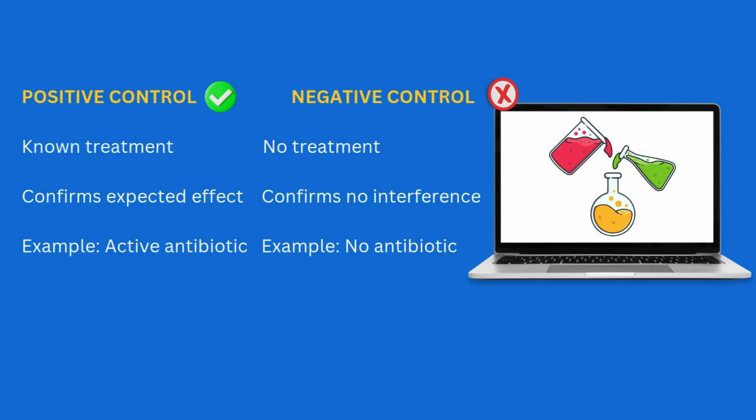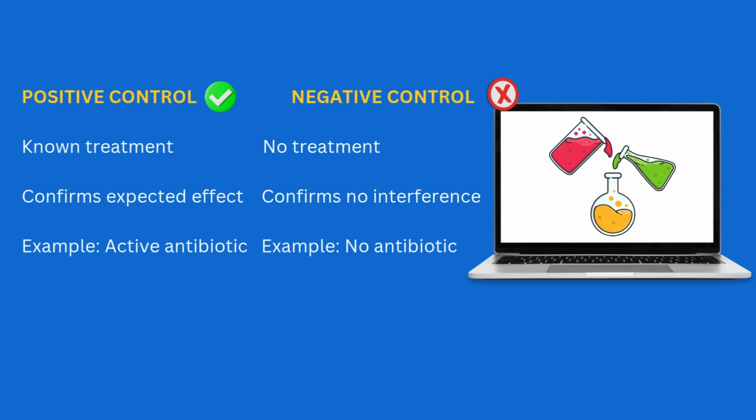For example, in a bacterial antibiotic sensitivity test, a known active antibiotic is added and expected to kill the bacteria. If the bacteria die, we say our positive control works. But if the bacteria don't die, then there may be a problem with the test.